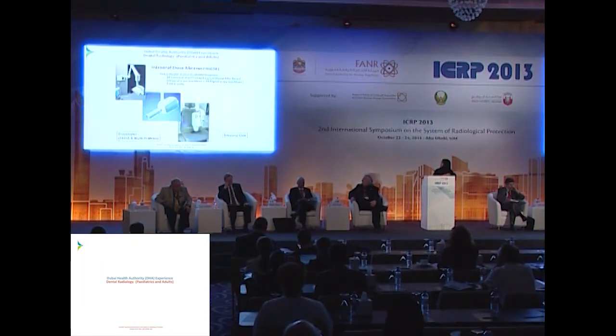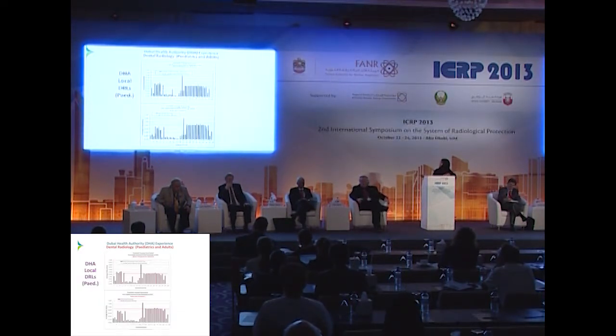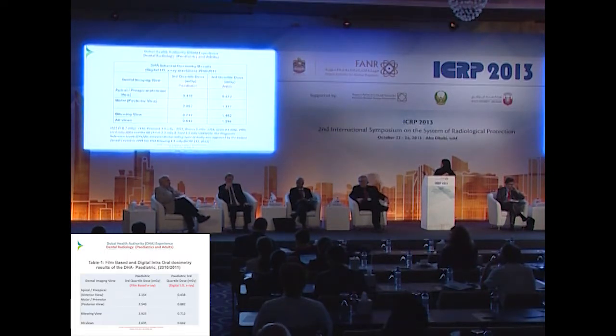For dental radiology, we use the dosimeter in these procedures, and we also perform this on films and digital. We found a large variation, and the most important thing that we obtained from here is that for pediatric and adult, for pediatric the doses are lower compared to adult.